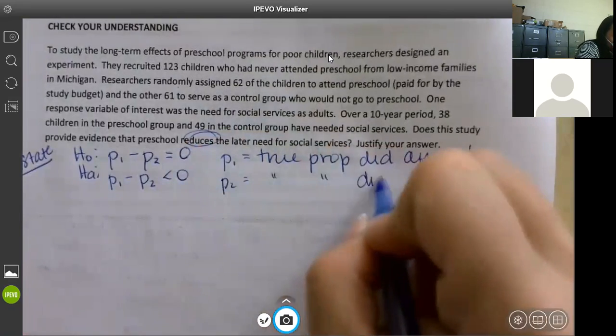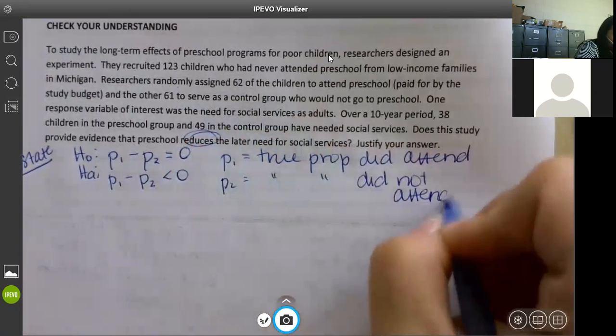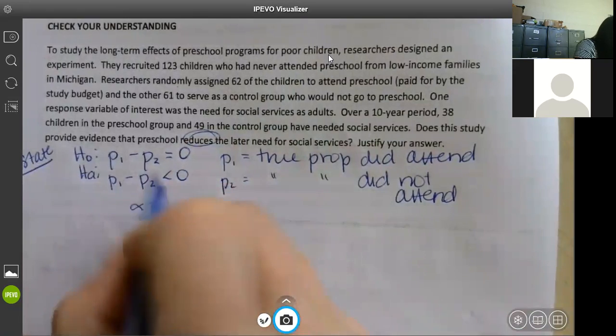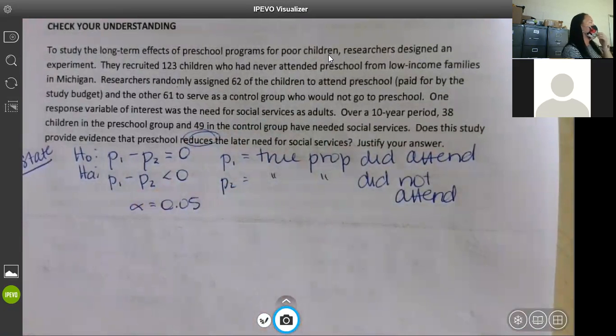Did not attend. One more thing in here. What's the alpha? Perfect. Gosh, I thought y'all didn't know anything. Y'all will be fine, I promise. Well, some of you will.